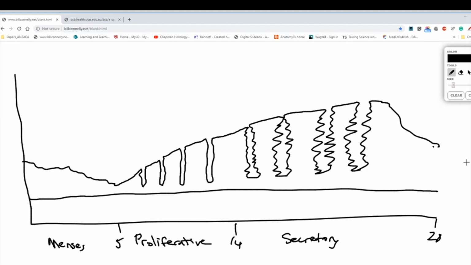Okay. So here's our stratum functionalis, here's our stratum basale.